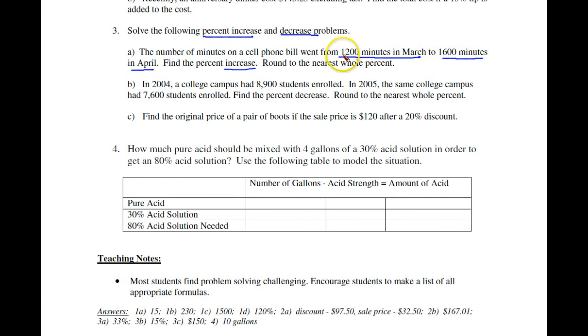Well, if you take 1200 from 1600, there's a 400-minute increase. You got that by subtracting these numbers, and you note it's an increase. Now, the key to all of these is you then put this amount of increase over the original amount, which was 1200.